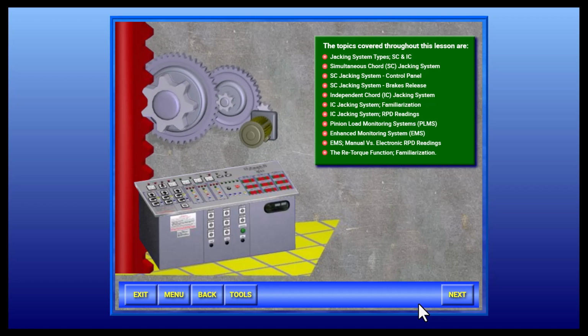IC jacking system, familiarization. IC jacking system, RPD readings. Pinion load monitoring systems, PLMS. Enhanced monitoring system, EMS. EMS, manual versus electronic RPD readings. And the re-torque function, familiarization.